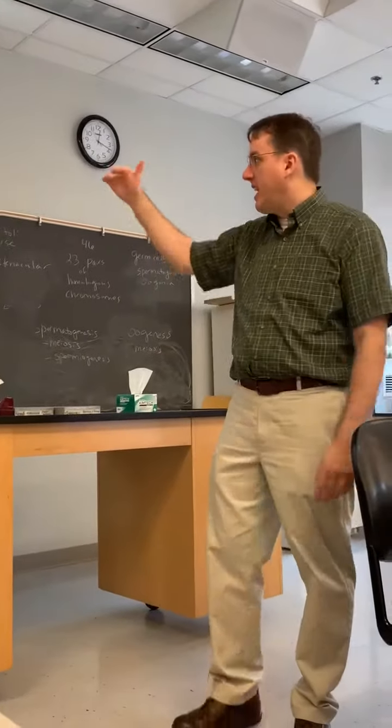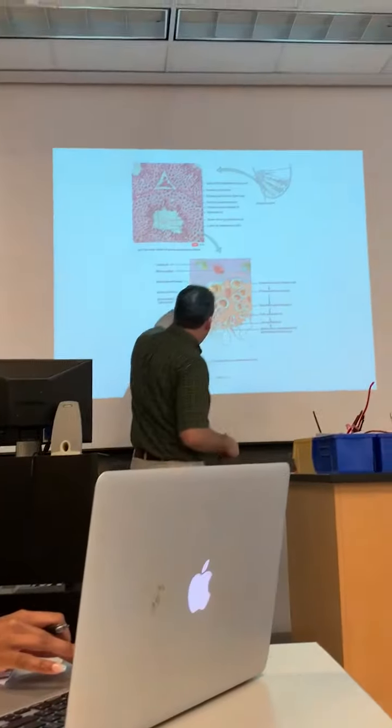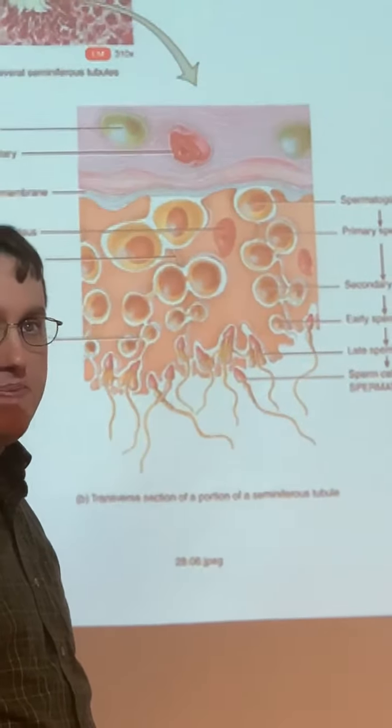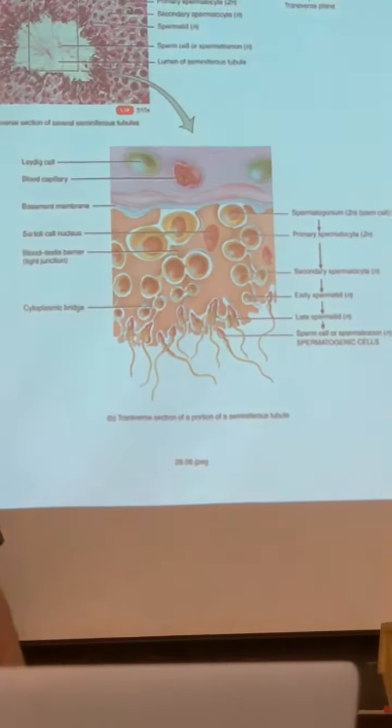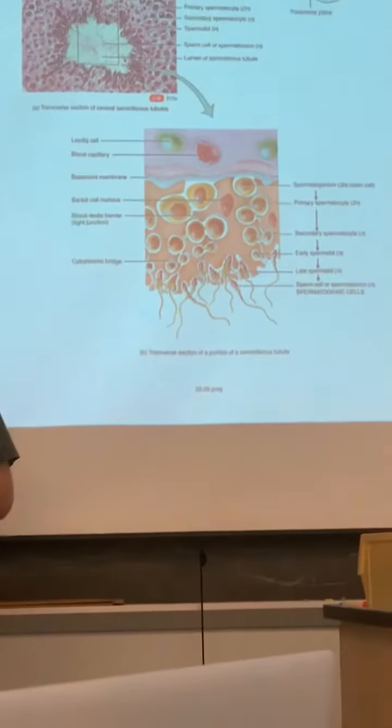And so we isolate these cells once they move into meiosis 1 and do that crossing over, they're now isolated from the immune system. Right? So again, they're going to be destined to be expelled from the body or reabsorbed if they're not used.